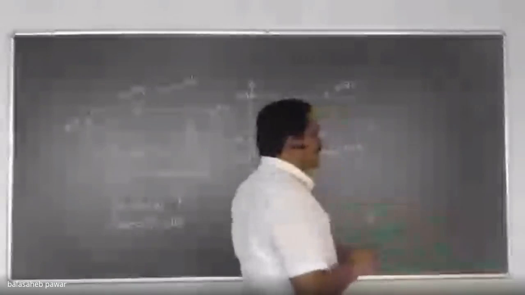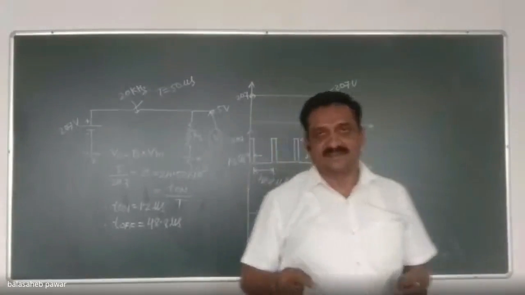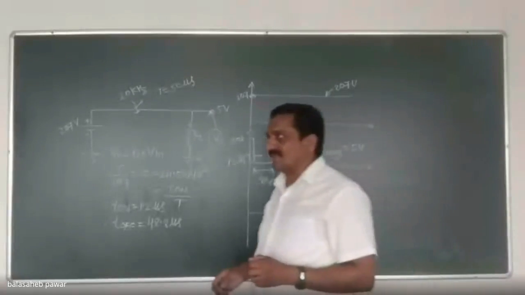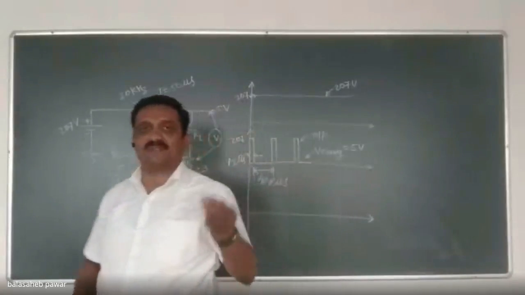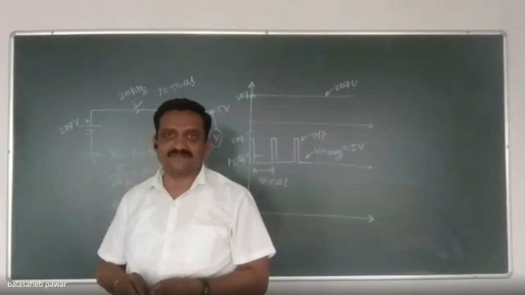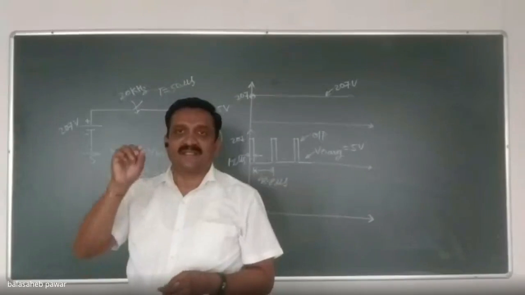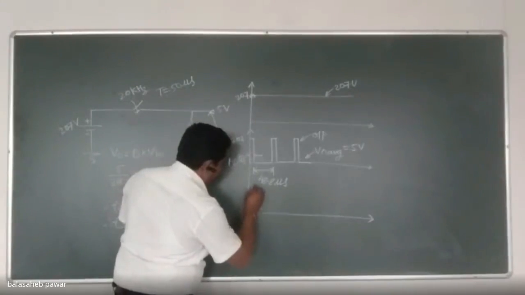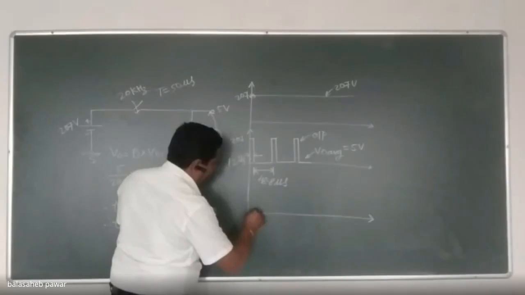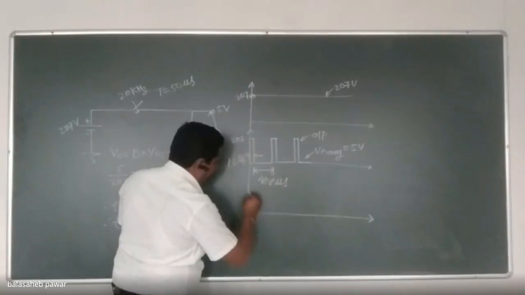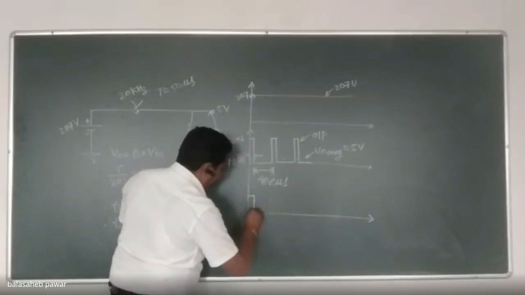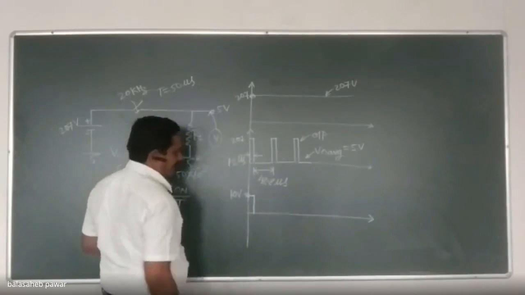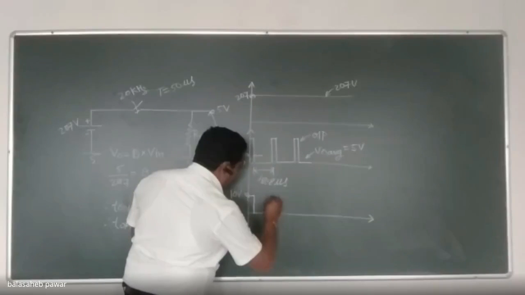Now, suppose that to force that transistor into its ohmic region, the VGS requirement is 10 volts. What I will do, again by the same duty cycle, having its peak amplitude at 10 volts, I will generate the pulses.